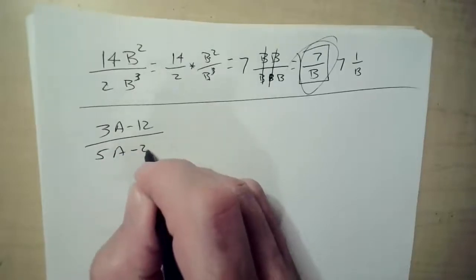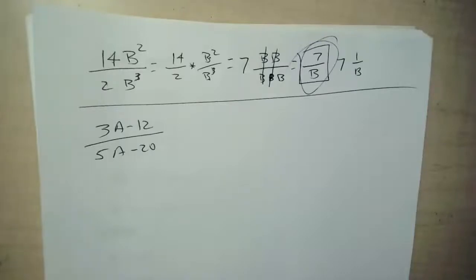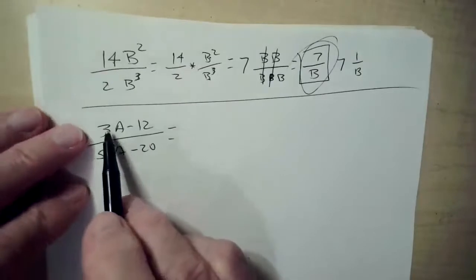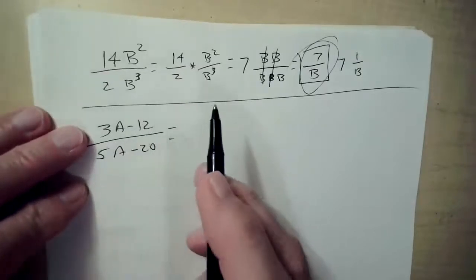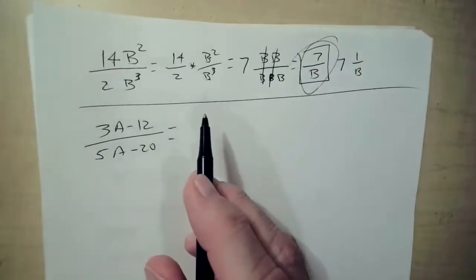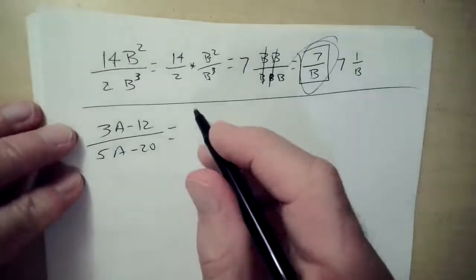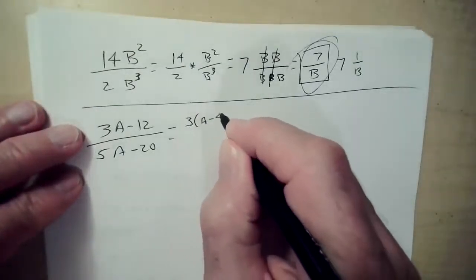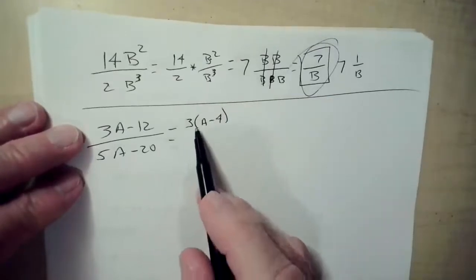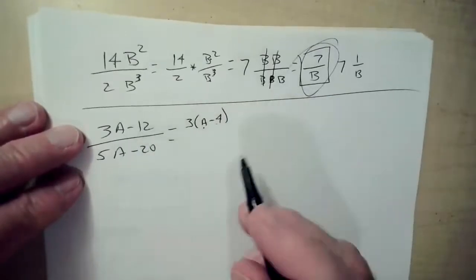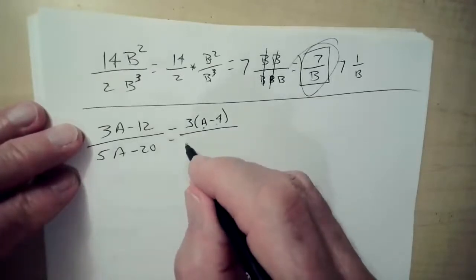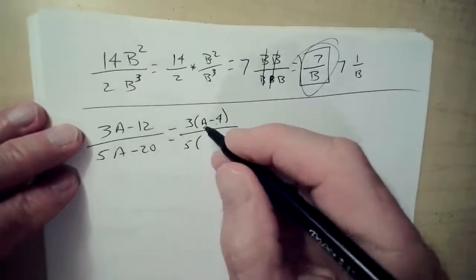3a minus 12 over 5a minus 20. Okay. Let's factor the numerator and denominator. What can we factor out of both of these terms here? 3, right? 3 times a minus 4. Is that right? Yeah.